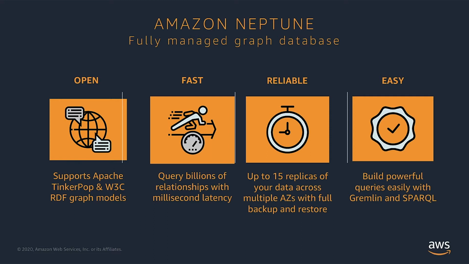Amazon Neptune supports popular graph models, property graph and W3C's RDF, and their respective query languages, Apache TinkerPop Gremlin and SPARQL, allowing you to easily build queries that navigate highly connected datasets.